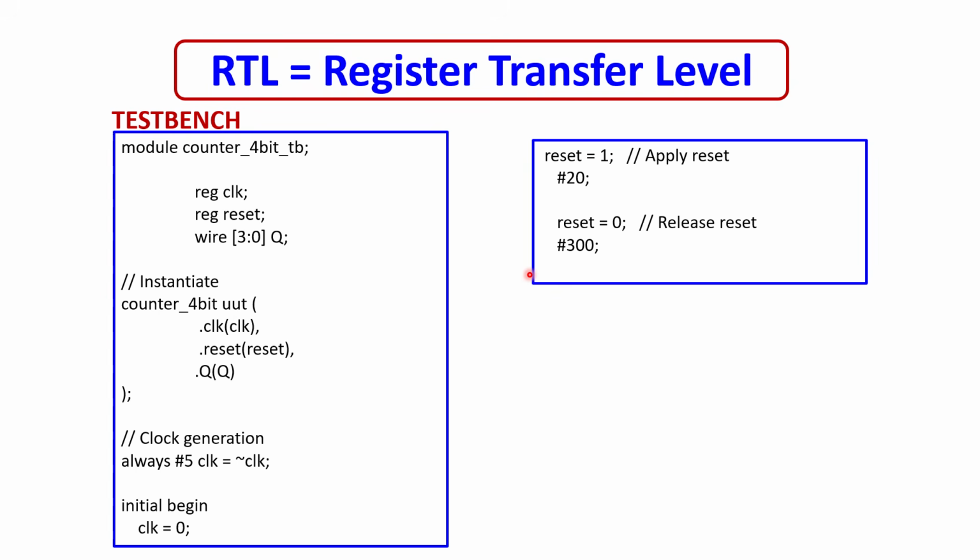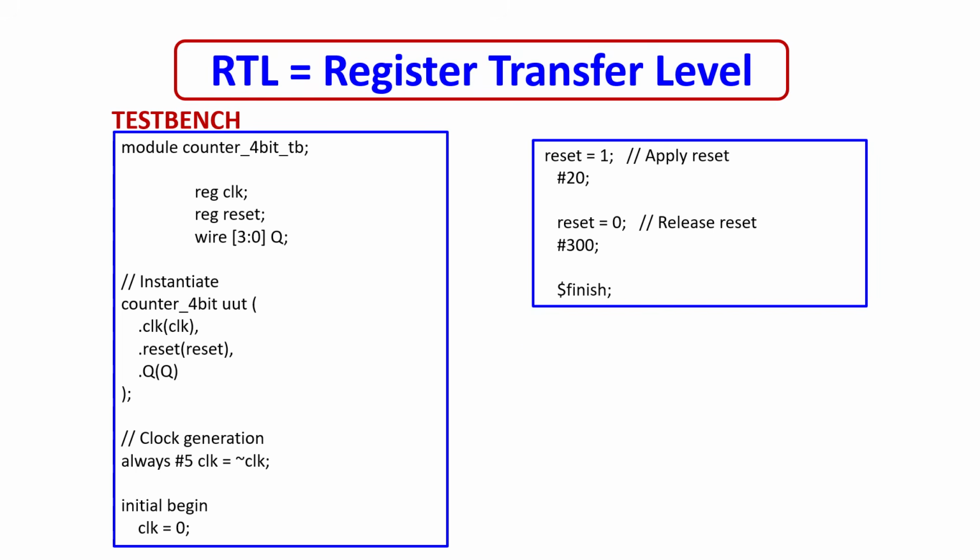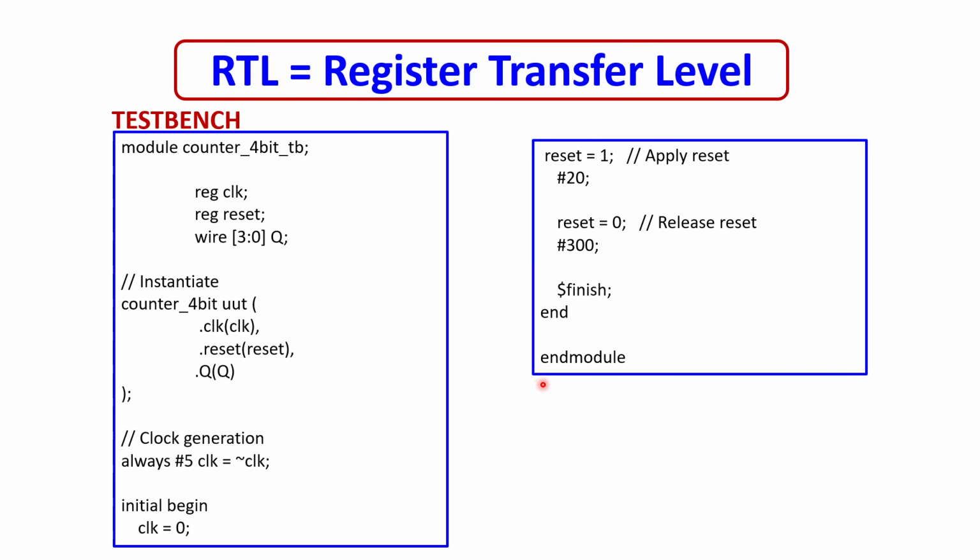Why we are giving this: a clock period is equal to 10 nanoseconds. So 300 divided by 10 is equal to 30 clock cycles. This counter increments 30 times. So we are giving the value 300. We can give 200, 100, however much we want to run. So now the counter increments 30 times. And then it is finishing the process, and we are ending the module.